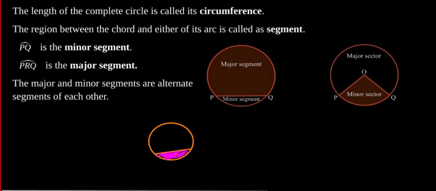That means the region in between the chord and the corresponding arc is called a segment. And the other segment is this one.